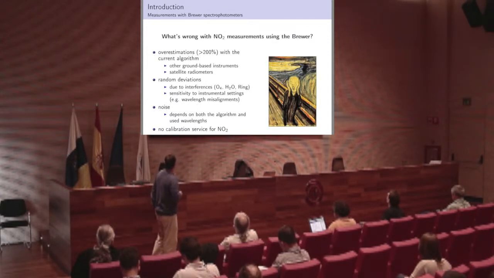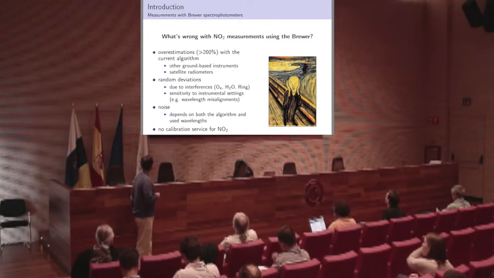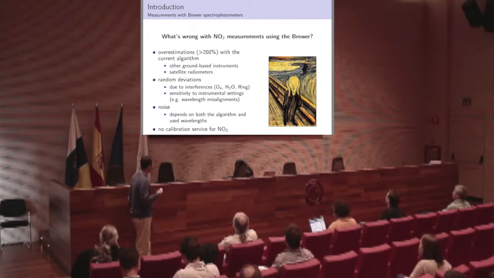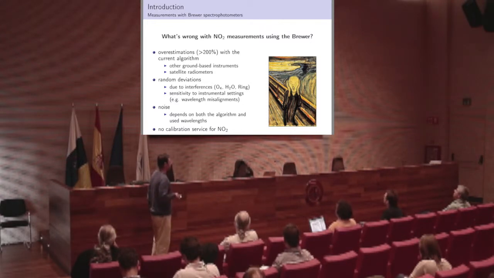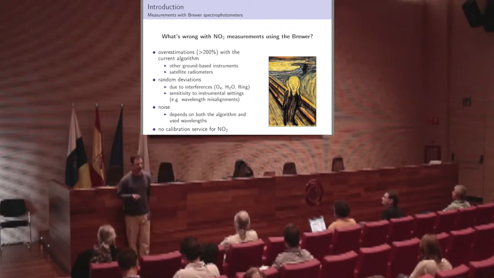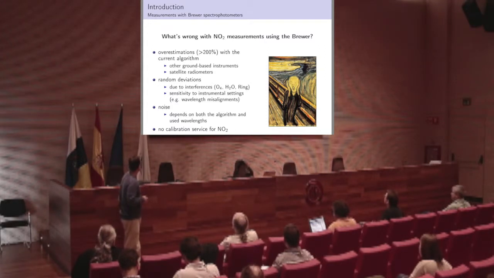And it has some problems because some great overestimations were found during campaigns compared to both other ground-based measurements and satellite radiometers. You will also probably notice in your data some random deviation, probably due to interferences or the sensitivity to instrumental settings, especially slight wavelength misalignments.